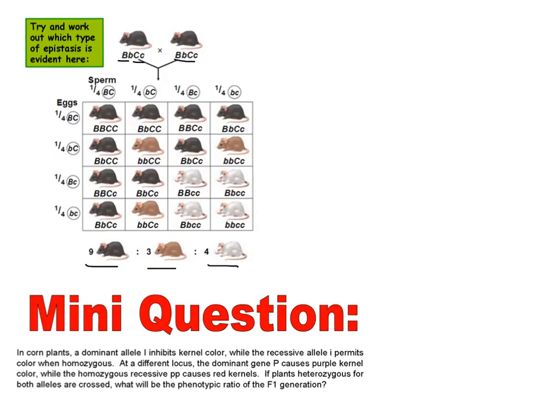Now you can pause the screen at this point and have a look yourself, but I'm going to talk through as if you've already spotted that. Now in this example, 2 different alleles are involved. And you might be able to see that the big C or the little c is involved in the presence of pigment. It controls the presence of pigment.